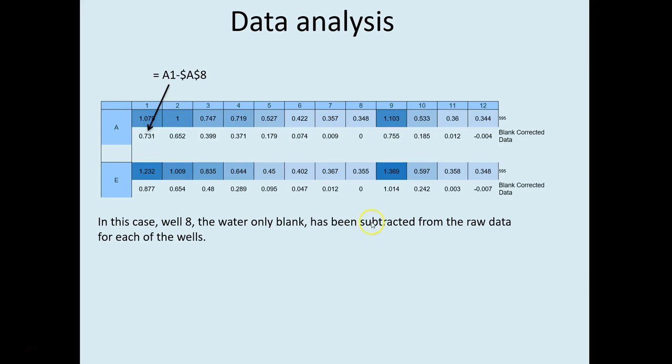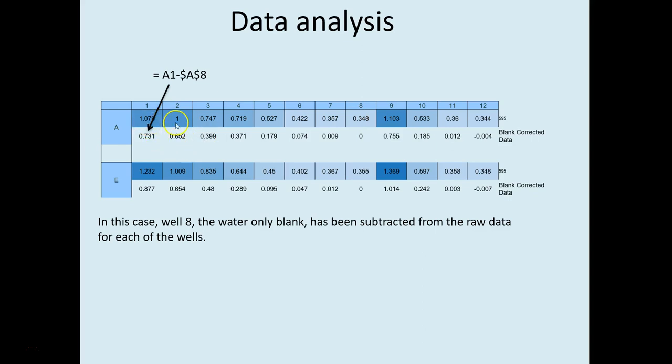You would get the absorbances from the spectrophotometer. In this case, wells 1 through 8 in each row have my standard curve numbers, so my standard dilutions, going from the highest to the lowest. Well 8 has just the water only, so that had no protein present in there. This is what we are going to be using as a background noise.